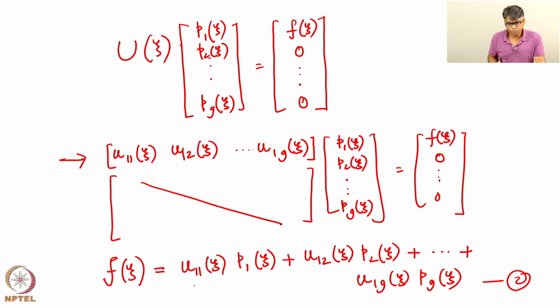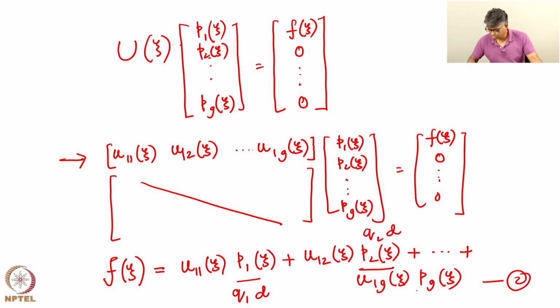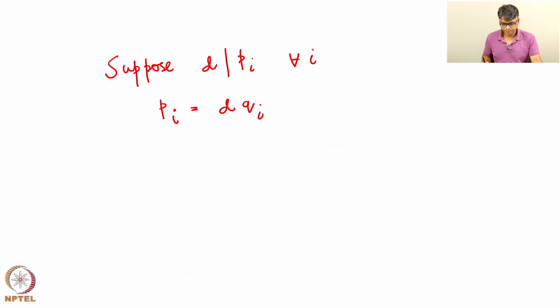So f is equal to U11 P1 xi. But that means this P1 I will write Q1 times D. This P2 I will write Q2 times D. Likewise, this Pg I will write Qg times D. D is common, I will just take D out common.